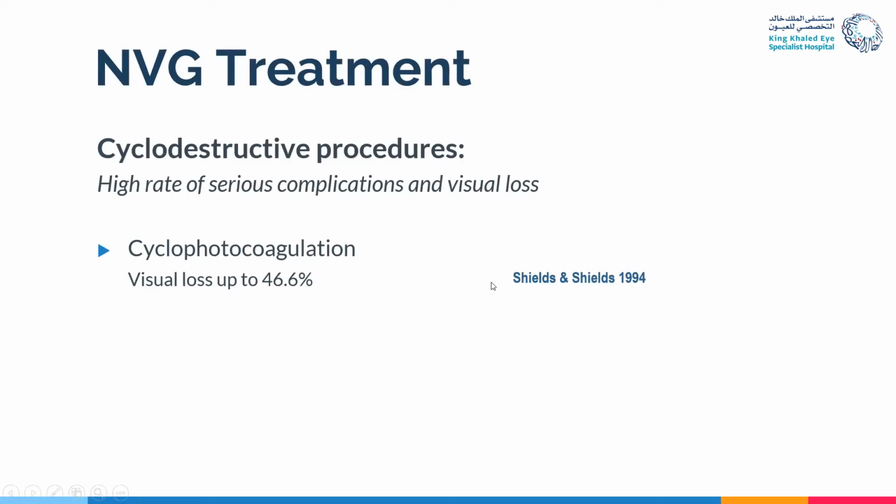Of course, this was with the old laser machines. Nowadays, this visual loss is not at that extent because of the improvement of many things, whether the machine or the dose. So it's much better, but still it's not the first option for me in a seeing eye.